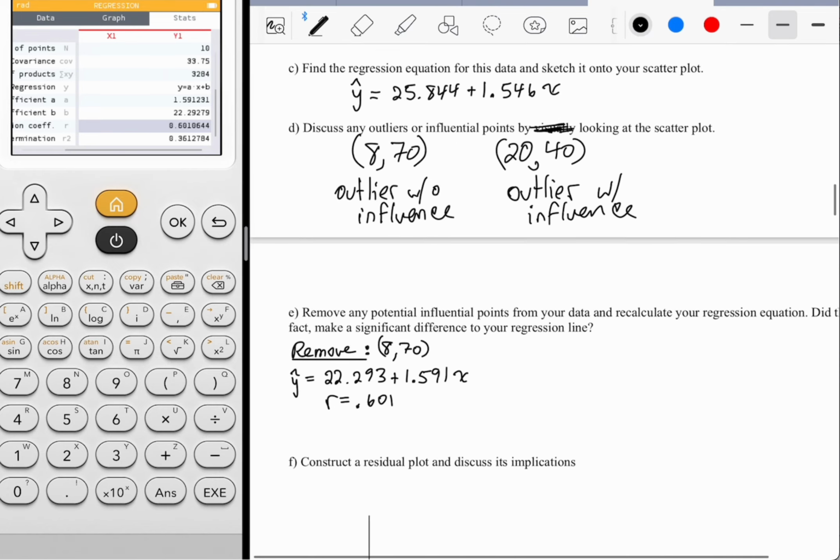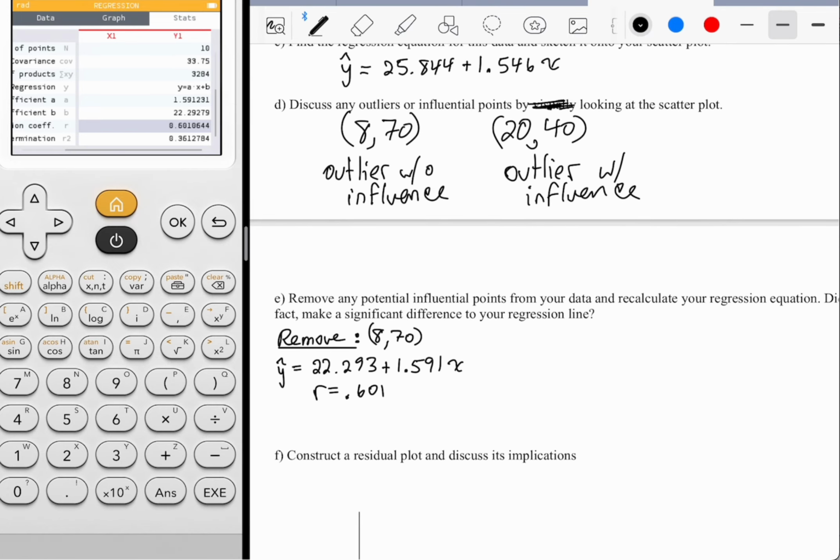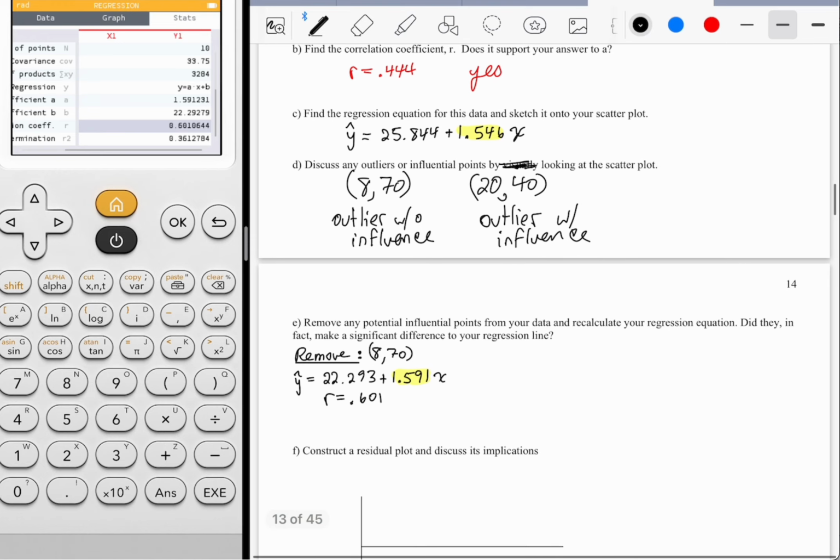So the outlier without influence, yeah, it had a change in the correlation coefficient, and it had a change in the linear regression equation, but if you compare the slope with that point in compared to the slope without that point in, not much of a change. All right, you might feel like there's a substantial change in the r value, but that's kind of trickier to really call, I guess.